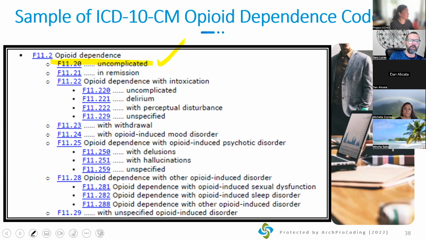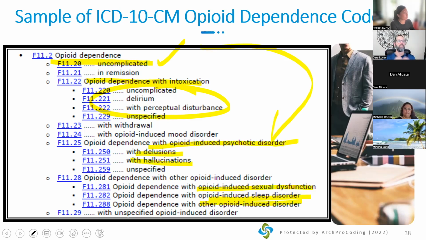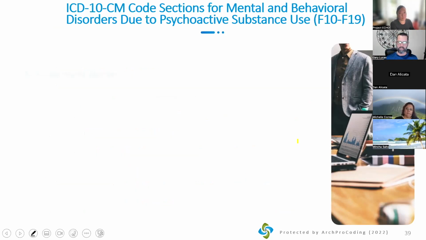And when I show them that there are codes for with intoxication, with perceptual disturbance, with psychotic disorders, delusions, hallucinations, or sexual or sleep dysfunction, that's the kind of data they're truly seeking out. So using an uncomplicated or unspecific diagnosis tends to get claims paid, but doesn't paint that picture that our data and outcomes folks need access to.